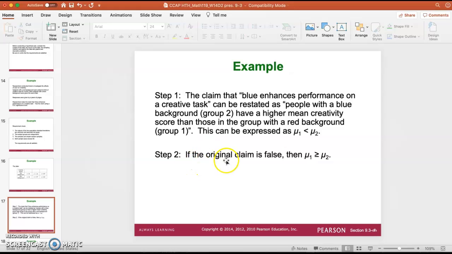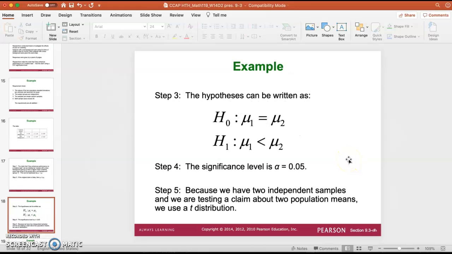If that is false, then the opposite is mu sub 1 is greater than or equal to mu sub 2, so basically the red is greater than or equal to the blue. And it's actually writing those as hypotheses. Again, always keep some equality in the null hypothesis. And in the alternative hypothesis, mu sub 1, the red, is less than the blue, mu sub 2. We're using a significance level of 0.05 for this one.